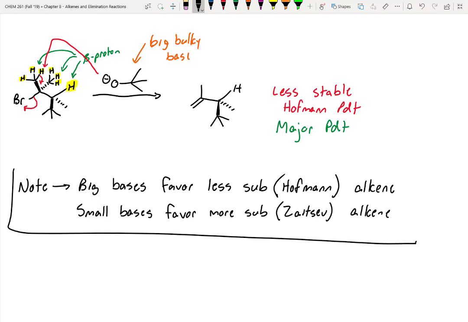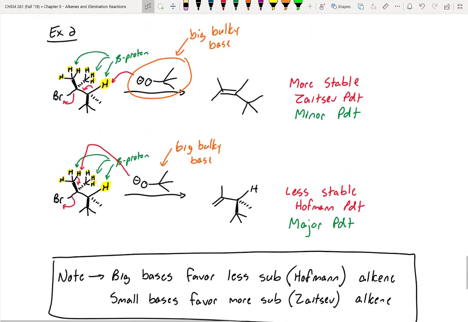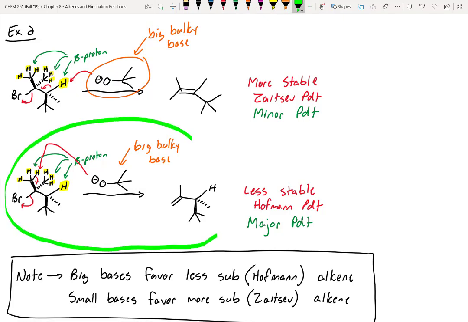Because we have the big base, wouldn't it be more likely to go with the proton that's anticoplanar to the bromine, because the methyl groups are just so big and there's a lot of chaos going on there? It's an interesting thing to think about. Let's imagine this bottom reaction down here. Say you're the tert-butoxide, floating around in space, trying to find protons to pluck off.